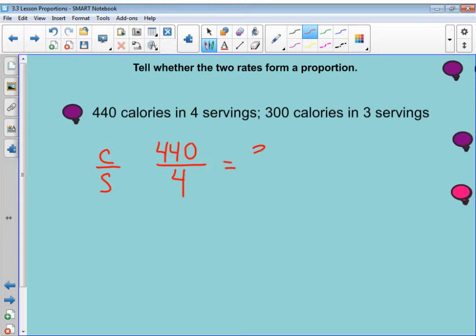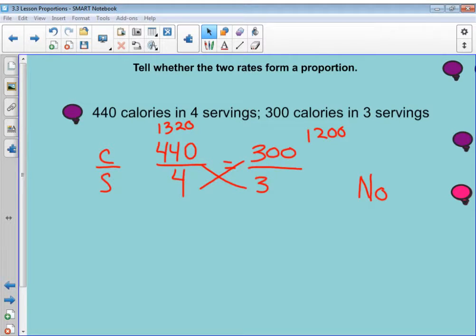So my 300 calories has to go on the top over 3 servings. So I can either check cross products, I can check the decimal form, I can reduce fractions. Here I would get 1,200. And here I would get, I think 1320, 440 times 3 is 1320. Are those the same? No, so this would be a no, they are not proportional, or they do not form a proportion.